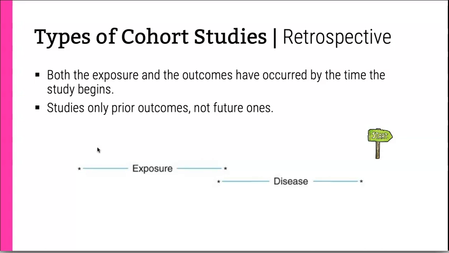With a retrospective cohort study, even though by the time the researchers are doing the actual data collection and statistical evaluation both things have happened already, they have data that clearly documents that the exposure has occurred before the development of the disease. That's the key difference.